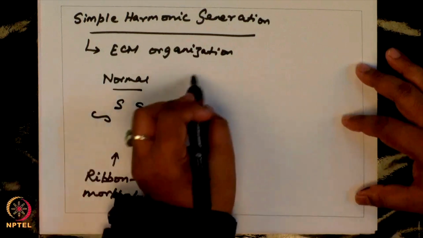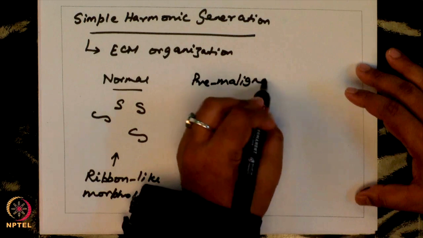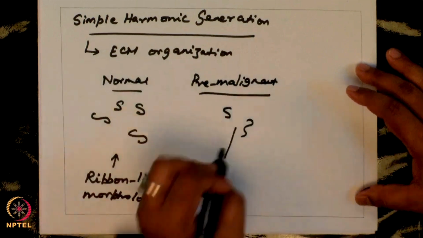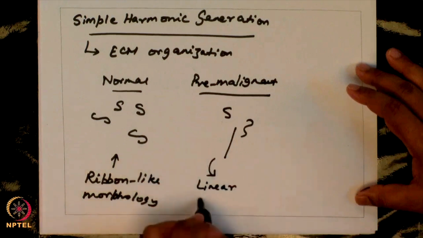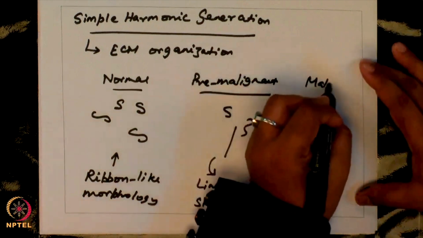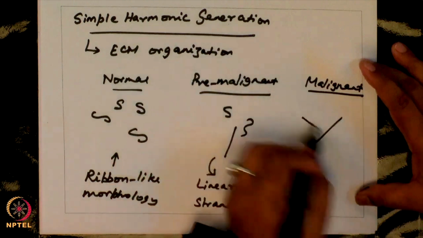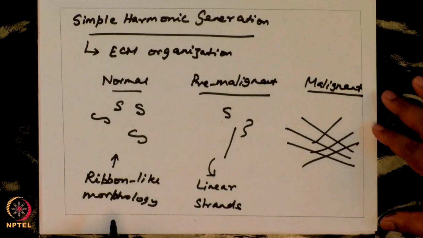In pre-malignant, you had these ribbons, but you also had these linear strands. And in malignant, you had these cross-linked, very linearized bundles.